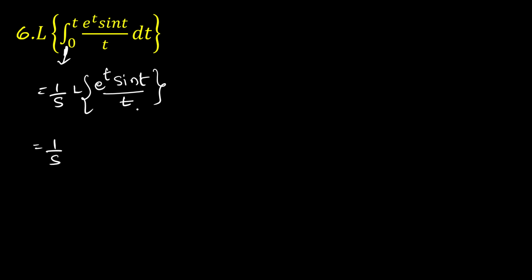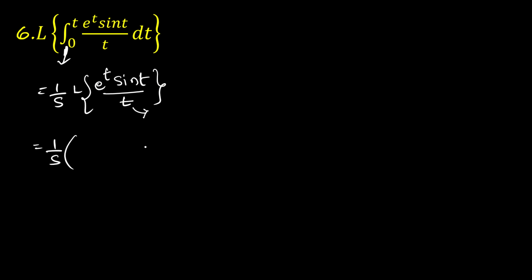So next, let's go here. First of all we need to remove this integral: the Laplace transform of the integral function gives 1 by s of the Laplace transform of the remaining term, e to the power of t sin t by t. Now, 1 by s of, we can apply the first division by t or first shifting theorem.